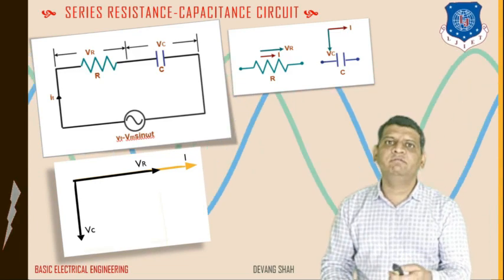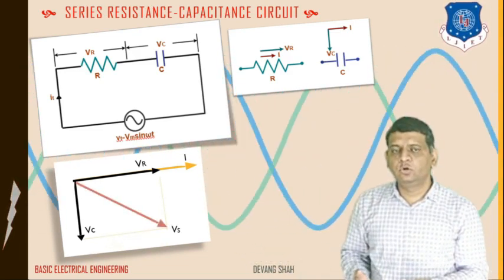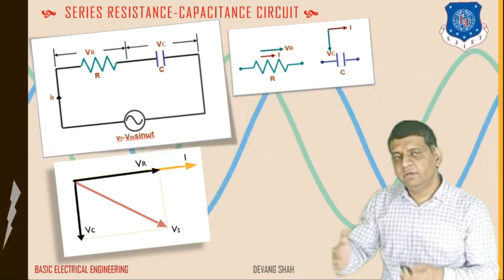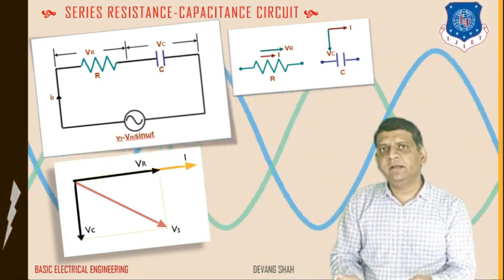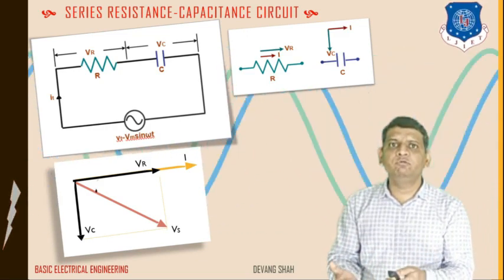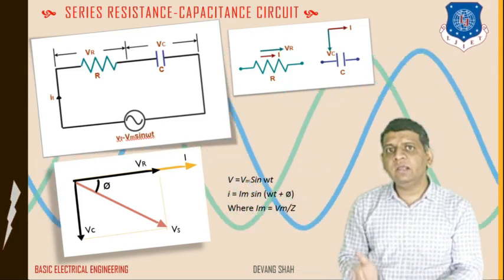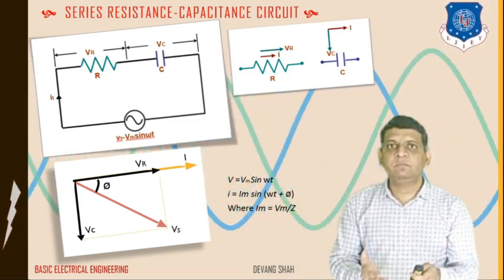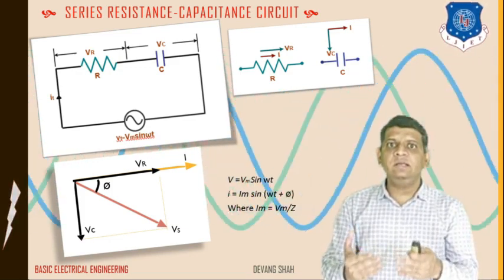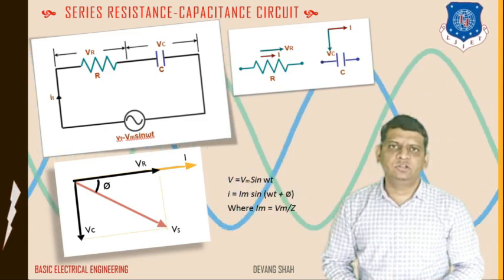That resultant vector we define as Vs, and that is diagonally here. Right. So now from this triangle we can go further into detail. So before that we define here the difference between voltage and current. So here V is equal to Vm sin omega t, I is equal to Im sin omega t plus phi. That means here current is leading by angle phi with respect to voltage V.